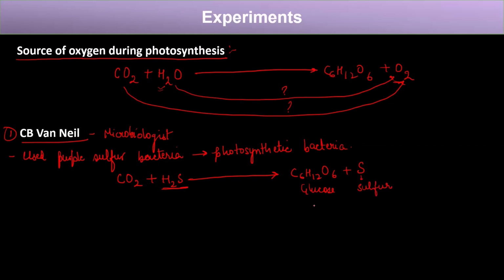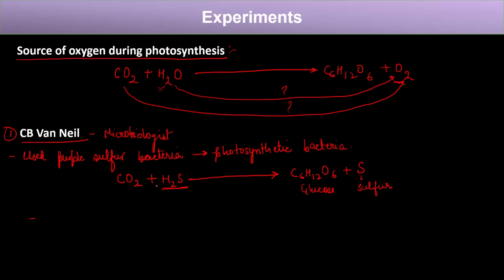So from this, it was proven, because in this case, when instead of H2O, H2S was used, it was found that the byproduct is sulfur. So from here, it was concluded that the oxygen that is forming as a byproduct during photosynthesis is coming from the water molecule instead of carbon dioxide, right?